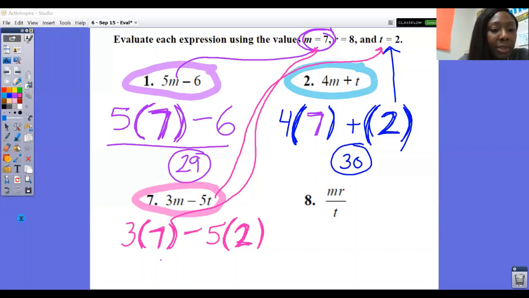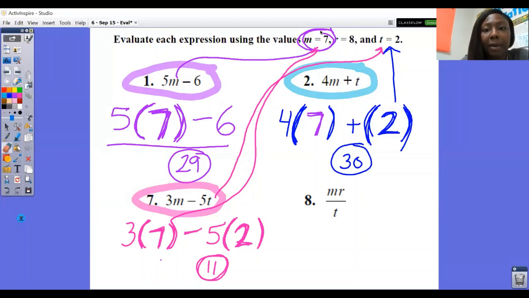But let's always double check. Double checking is very good, especially if you were taking a test, you would always want to double check just in case. And this time I'm getting 11 for my answer. So that's how you evaluate. Evaluating is just simply plugging in the numbers wherever they need to go.